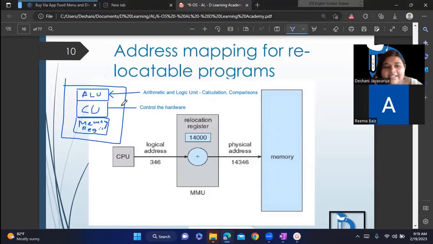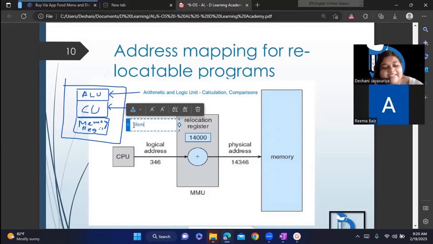So the control unit, the structure, and memory registers. It stores all the data which is being processed.